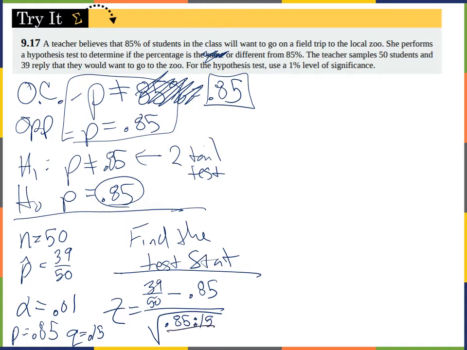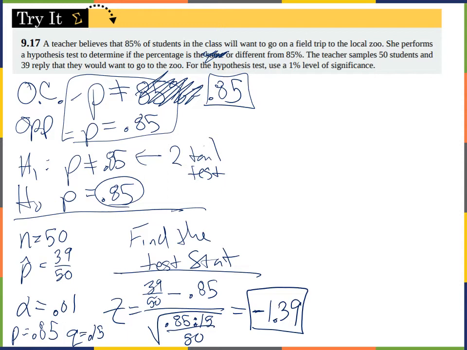Okay? Over the sample size, which was 50. So we calculate our z-score and we get negative 1.39 when I round to two decimal places, because the z-score should be two decimal places.